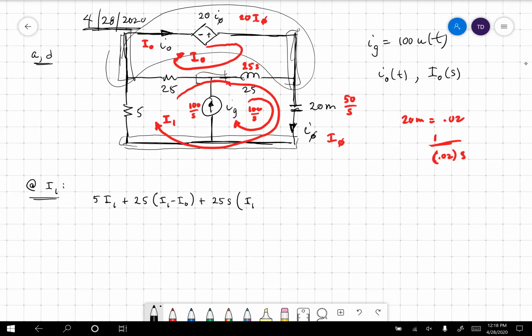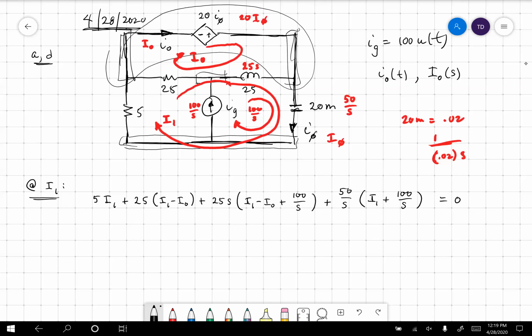It's I1 minus I0 plus 100 over S. And then the last term is plus 50 over S, and that's going to multiply I1 plus 100 over S. Sum those all up and they're equal to 0.